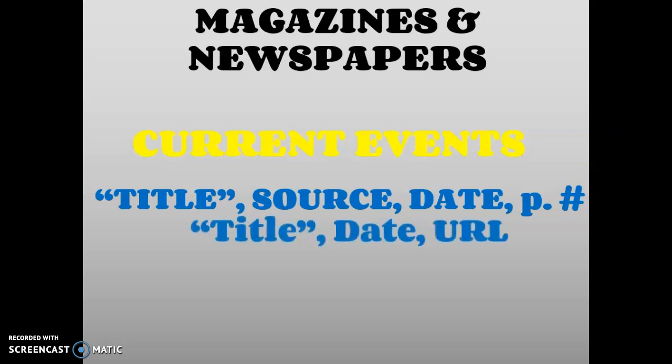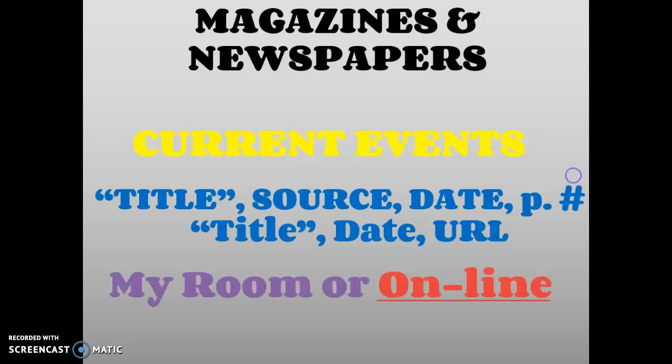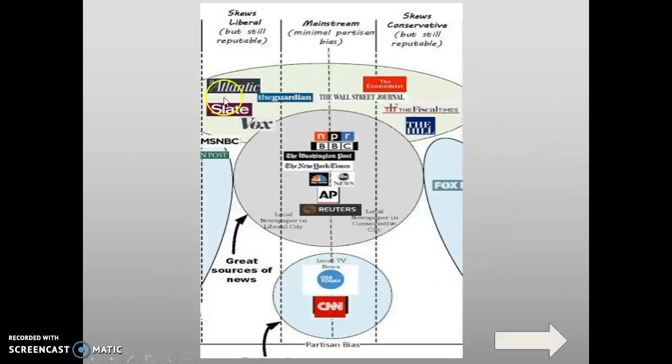So you just need the title of the article, the date of the article, and then the exact URL. And we'll talk about good sources here in a little bit. I do have magazines and newspapers that you can use. I don't have them as often because I don't really teach a current events course right now, but when I do, I get those. But online, you can use those resources.